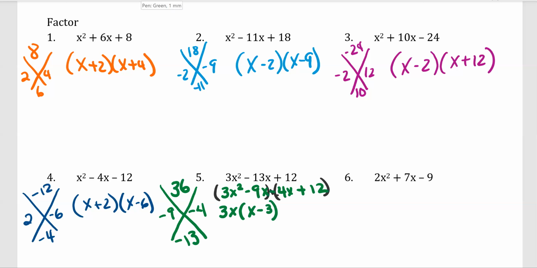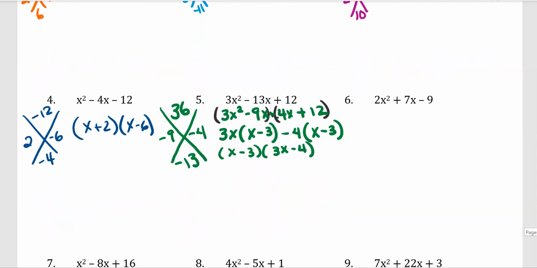Leading coefficient is a negative 4. And that is definitely the textbook way to solve or to factor this problem. So I want to go ahead and show you the slide and divide method on this particular problem.